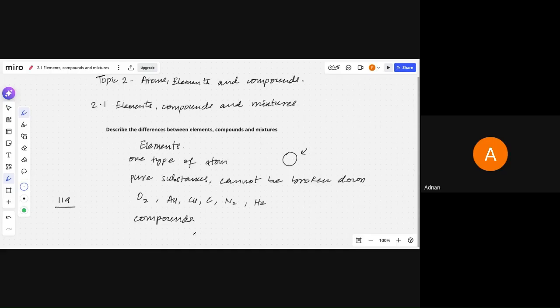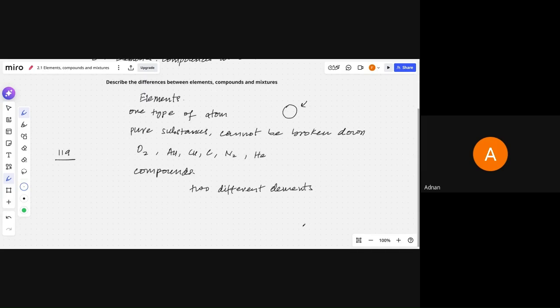So when two different elements combine together chemically, this word chemically and this word different are very important. I'll explain in a minute why they are important. So they combine together chemically, and they create a compound, right?